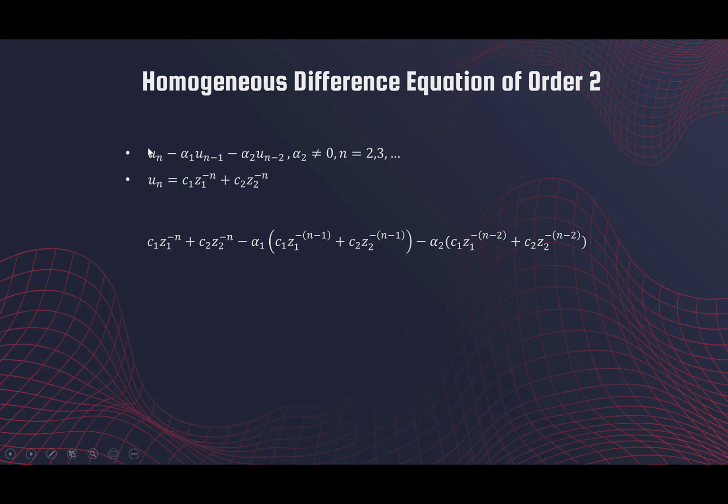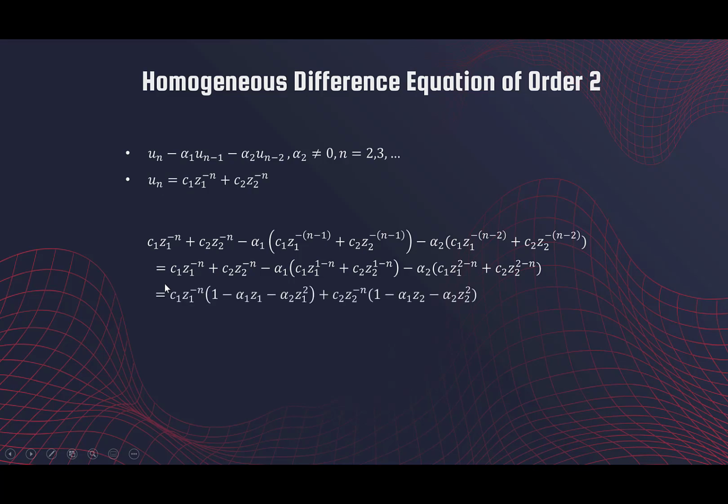So this is un, and then for alpha 1 times un minus 1, you plug in n minus 1. Then alpha 2 times you plug in n minus 2. And then you rearrange the terms, and further simplify them.